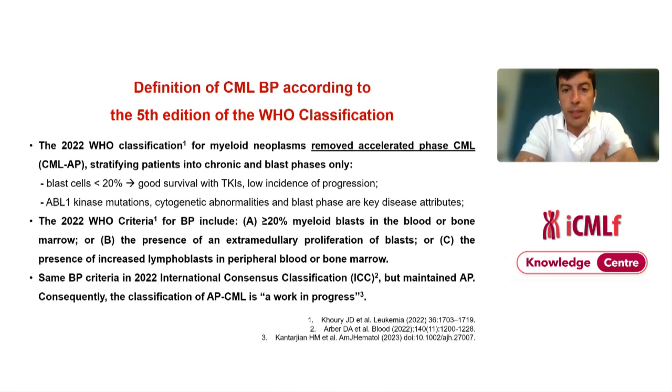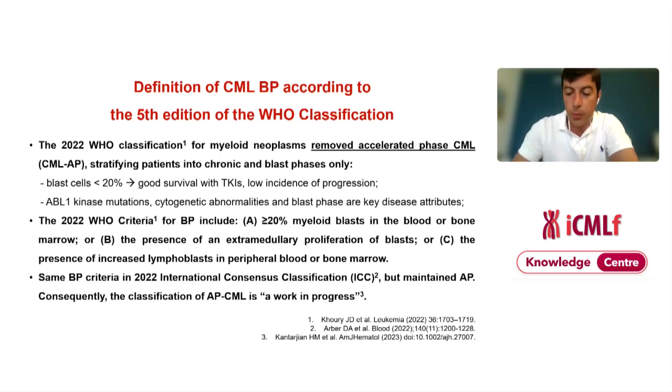However, these new criteria of the WHO classification have not been shared by the scientific community. In particular, I would like to underline that the new International Consensus Classification maintained the accelerated phase of CML. So probably we can consider the classification of advanced or accelerated phase CML as a work in progress.